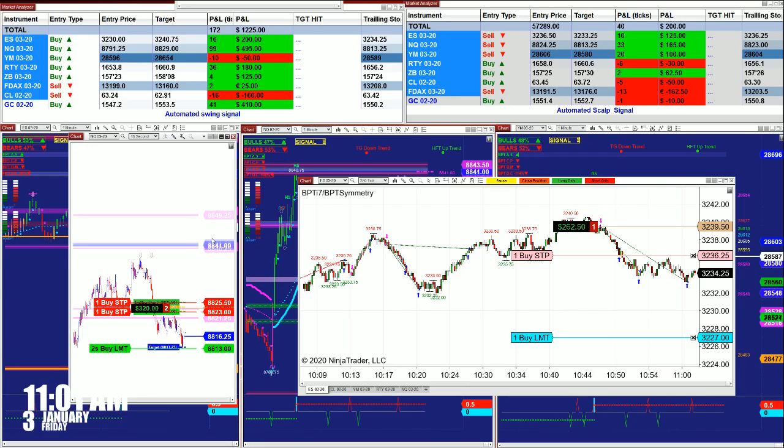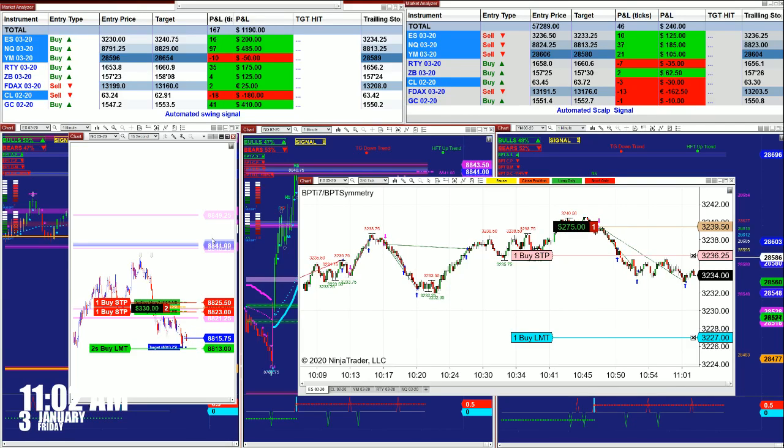On the auto trade, we are still missing 1 trade. We still have 1 trade on the reversal.